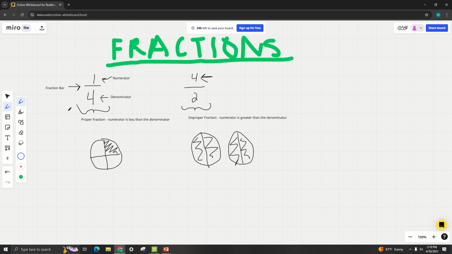So when we have an improper fraction, and we'll get into this later on, what we want to do is convert it to a mixed number. So let's say I have 1 and 1/4. That is a mixed number.